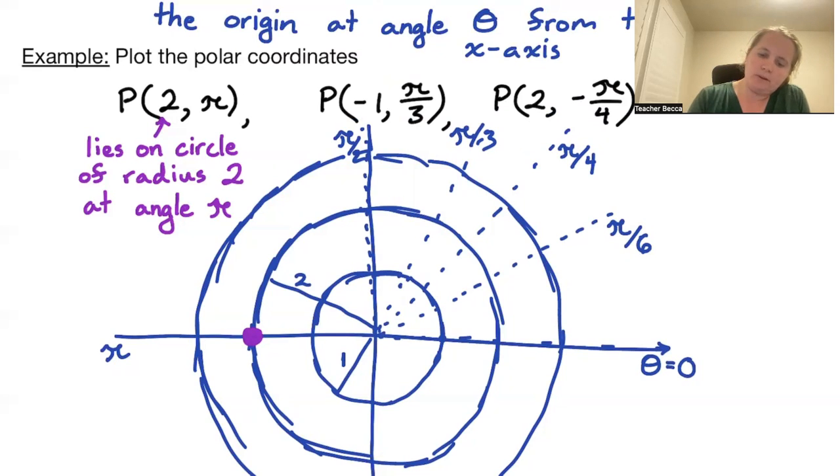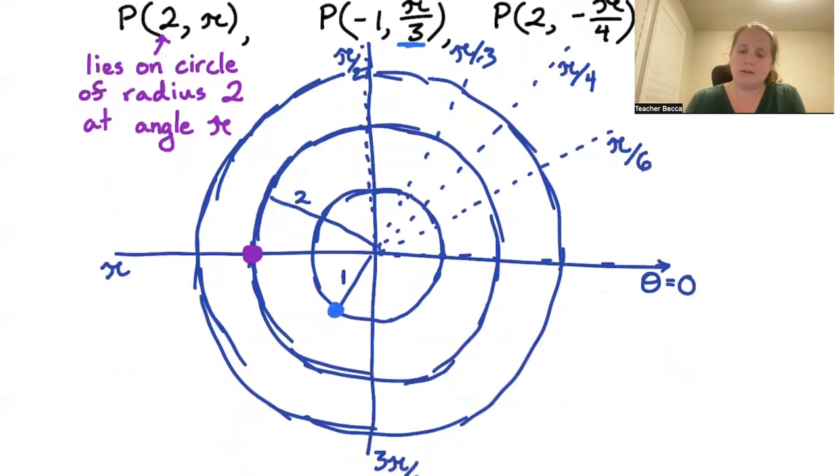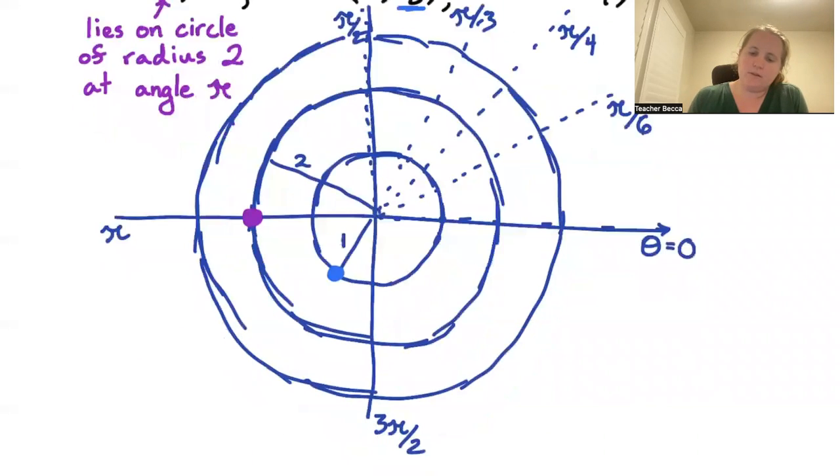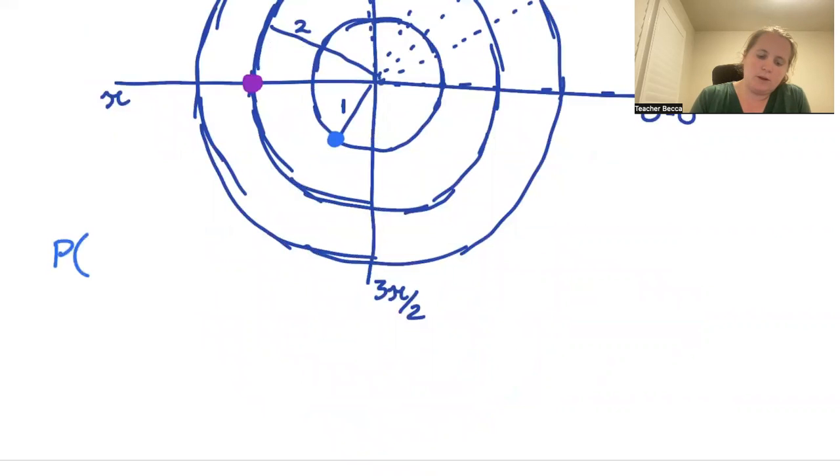The next one, we're going to be on angle pi over 3. So -1, pi over 3. We have a radius of -1, so we're actually going to go in the opposite direction. And so we'll actually be on the angle pi over 3 plus pi to take us in the opposite direction. So to do P of -1, pi over 3, we're on the circle of radius 1.